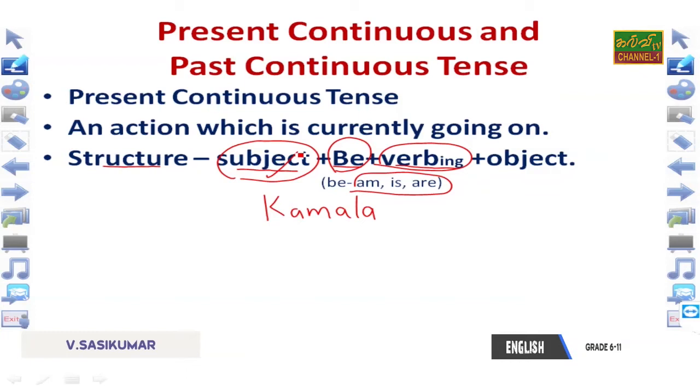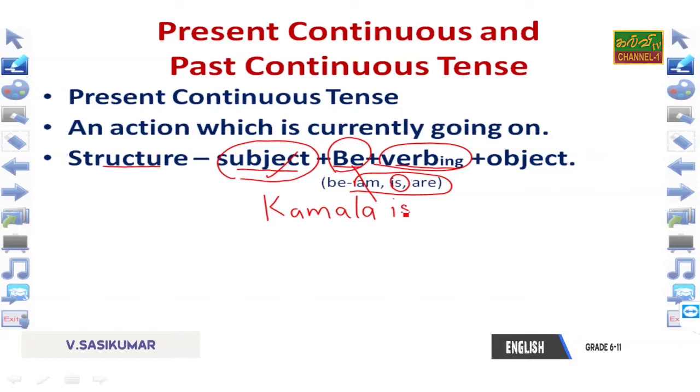Excellent. Be verb should be written here. What is the be verb here? Am, is, are. What is suited here? Am? No. Are? No. Very good. Is there. So Kamala is.